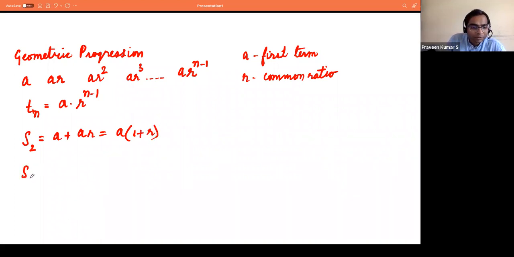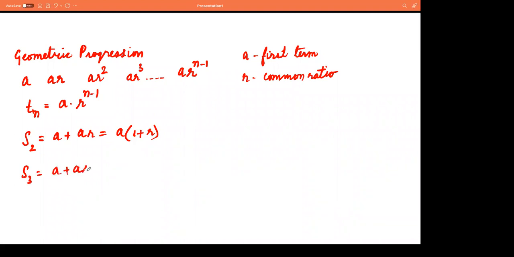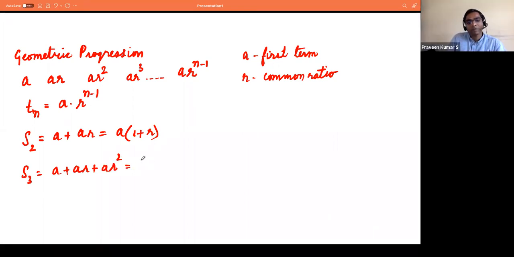Now suppose you calculate the sum of the first three terms, a plus ar plus ar square. If you take a common, 1 plus r plus r square. Have you seen this pattern somewhere? 1 plus r plus r square somewhere? Anyone?